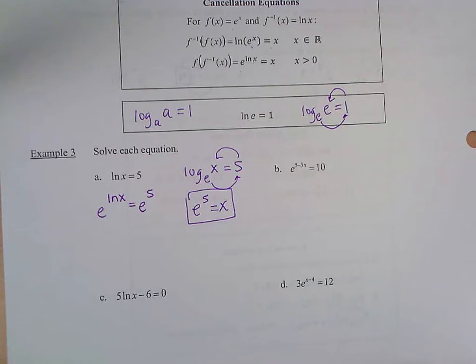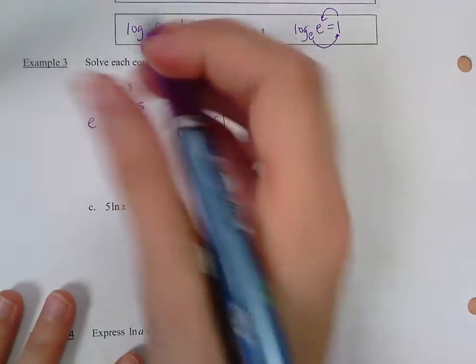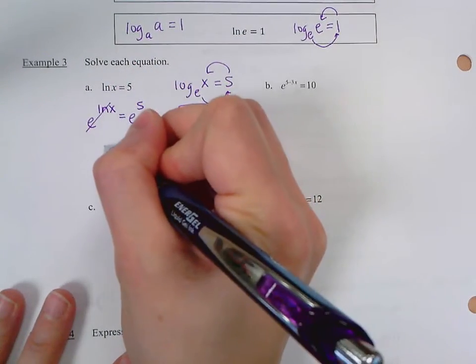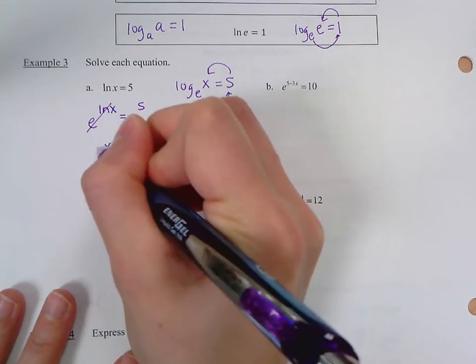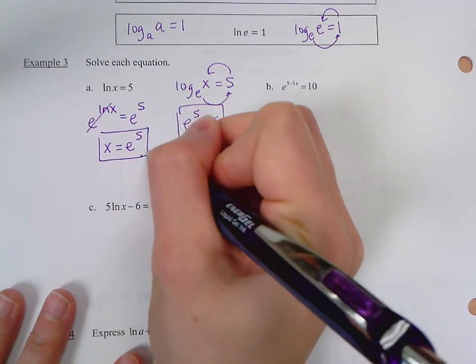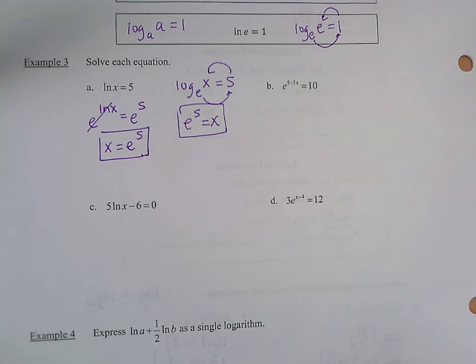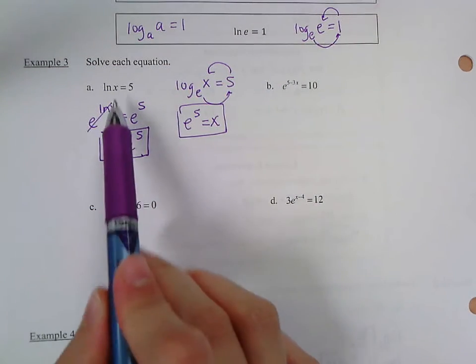And then on the left side, e and natural log cancel out, you just have x. And then I still have e to the 5th here. Two different ways to get to that same answer. I would prefer the second way that I just showed you.